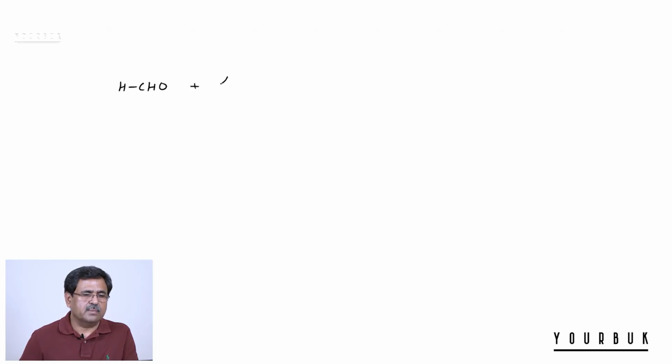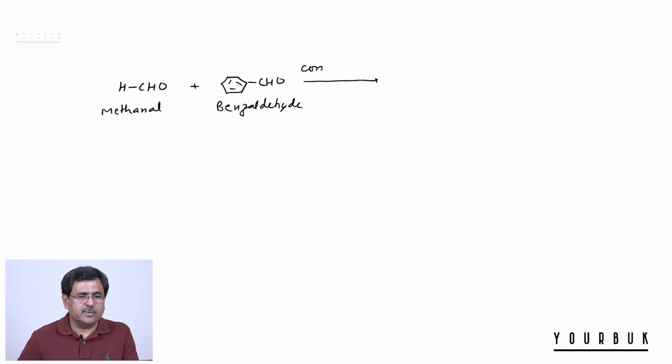Now we'll take the last example, and that is an example of a cross Cannizzaro reaction. If you are given two different aldehydes and each having no alpha H present. For example, this, it's a methanal and benzaldehyde. It's a concentrated NaOH.